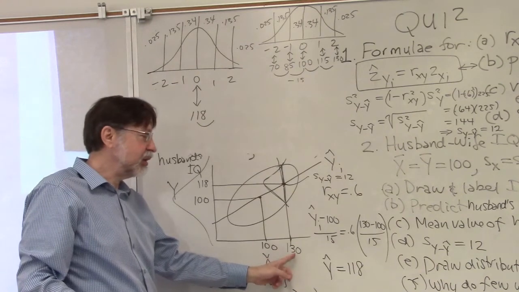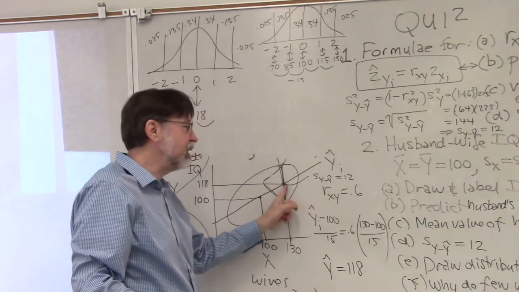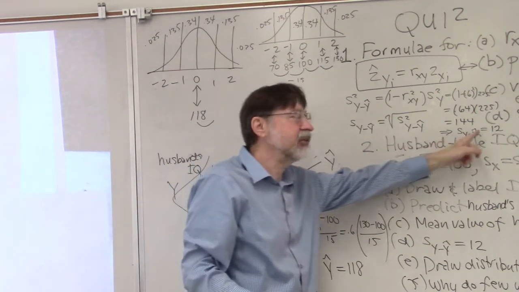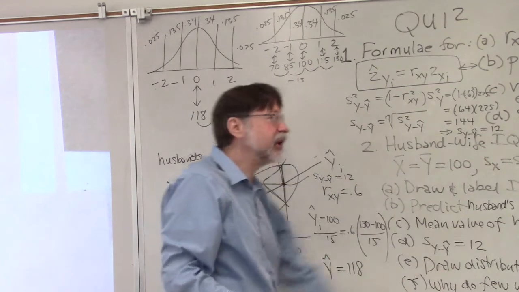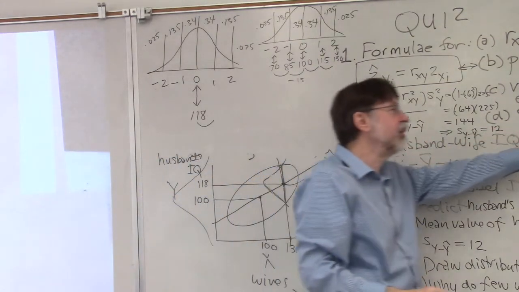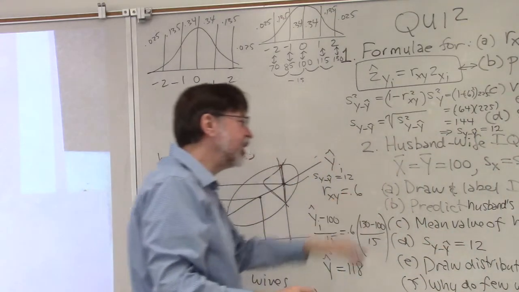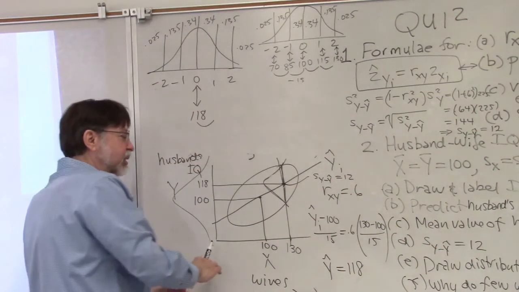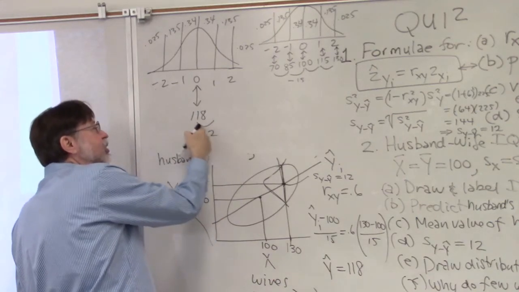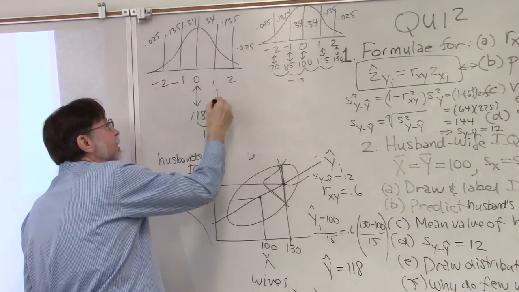We calculated it from the residuals, right? Standard deviation of the residuals, also known as the standard error of regression, also known as the standard deviation of y given you know x. And so that's 12. Adding 12 to 118, we get to 130.